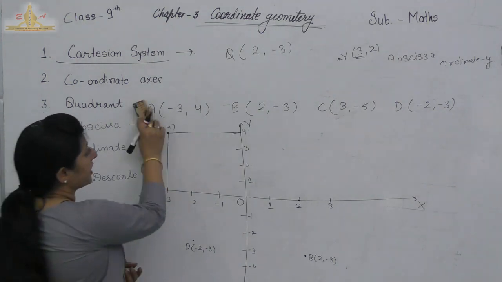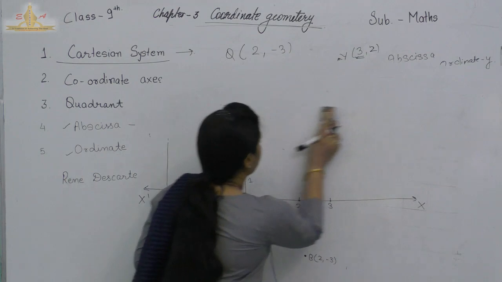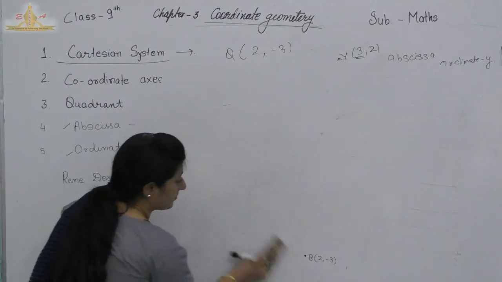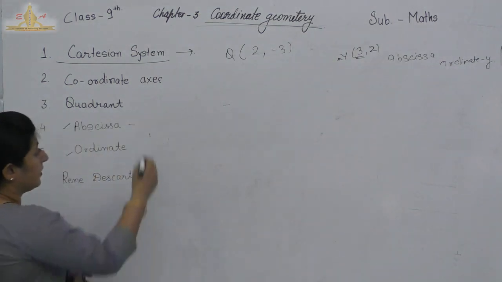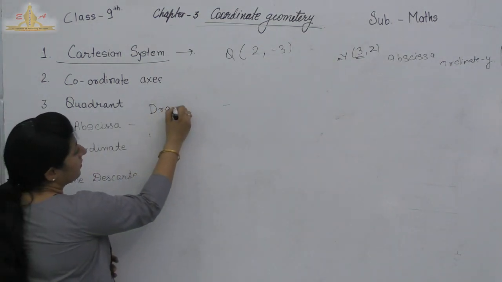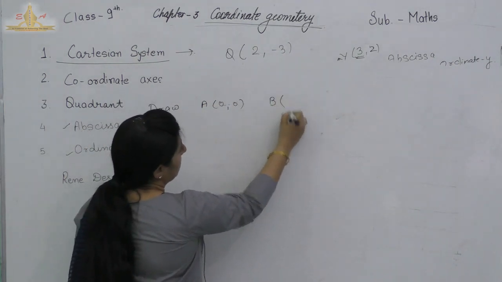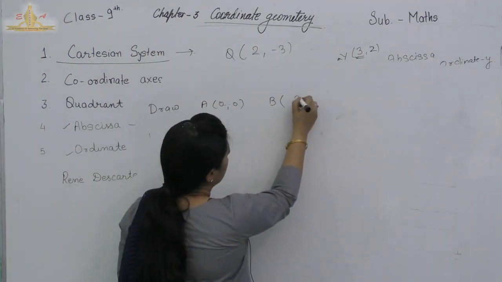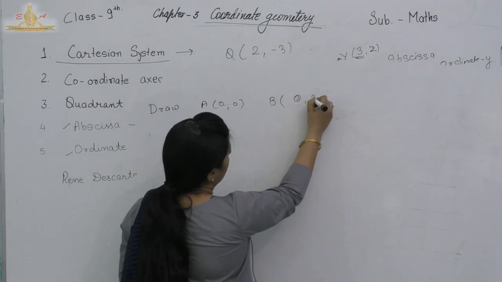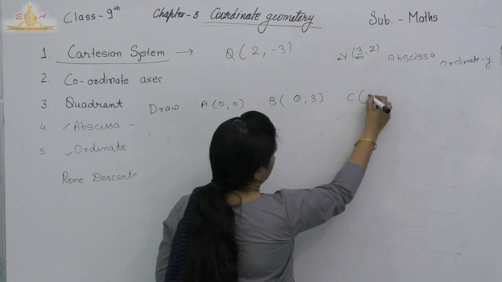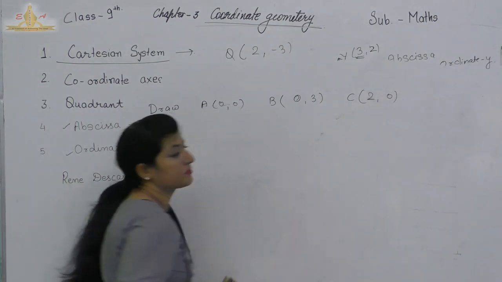Now see one question related to triangle. Draw A 0, 0, B 0, 3, C 2, 0.